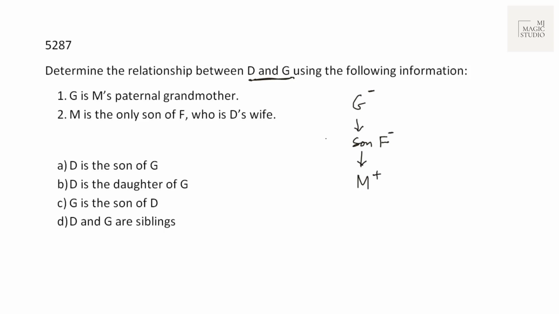So F is mom and D is father of M. We are looking out for the relationship between D and G. D is son of G. Option A fits in.